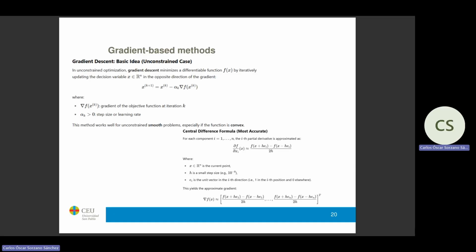You can have even more accurate approximations, but you have to measure more points. And then you do those perturbations for all the components in the vector x. So it is a very simple approach.